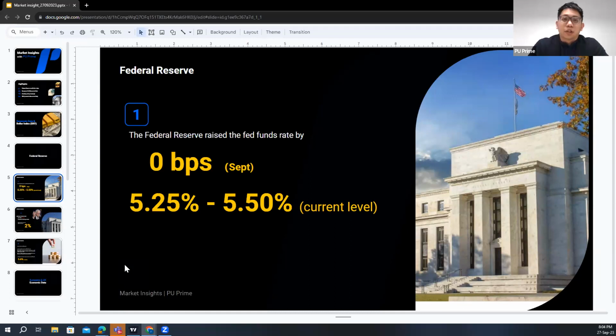But that is not the case at the moment. The current interest rate level is still standing at 5.25% to 5.5%. Nevertheless, if you always keep a close eye on the markets, you can tell the dollar index, DXY, is still gaining. Why is it so? Maybe we'll discuss it later.